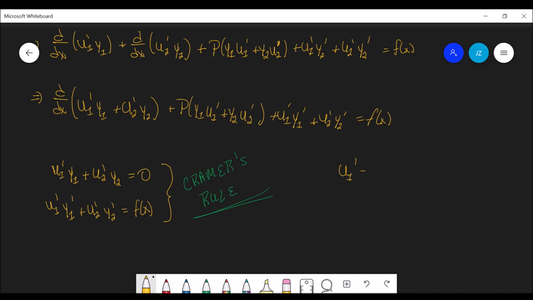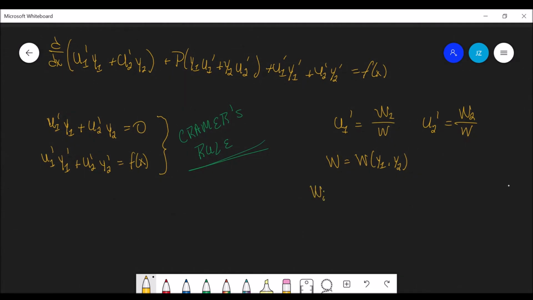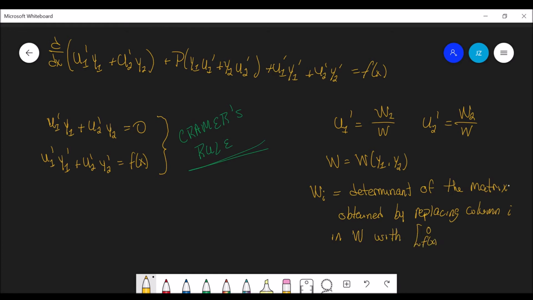This will give us that u1' will have to be W1 over W, u2' will have to be W2 over W, where W is the Wronskian of y1 and y2, and Wi is the determinant of the matrix obtained by replacing column i in W with 0, f of x.